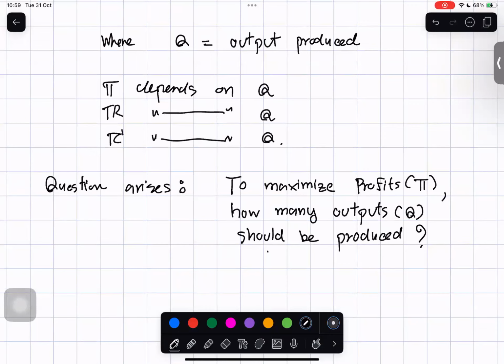That's the question that we ask, since we know that all terms here depend on the level of production Q. So this will give you the framework to think about firms' behavior.